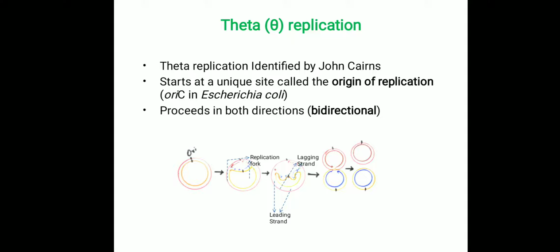On both complementary strands, in the same way, leading strand and lagging strand will form, and it progresses. At the end, the two circular strands of DNA will produce their complementary DNA, and it becomes two identical copies of DNA.